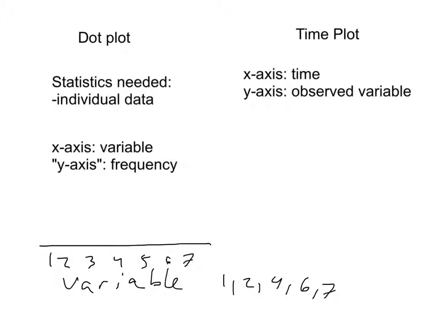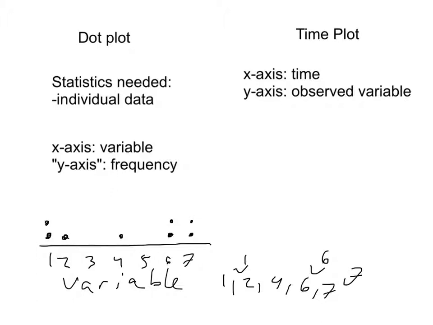We have 1, so you're going to put a little dot there. 2, another dot. 4, 6, and 7. Okay, let's say we added on to this and we added another 1 and we added another 6 and we added another 7. Then you're going to just put another dot, and another dot.